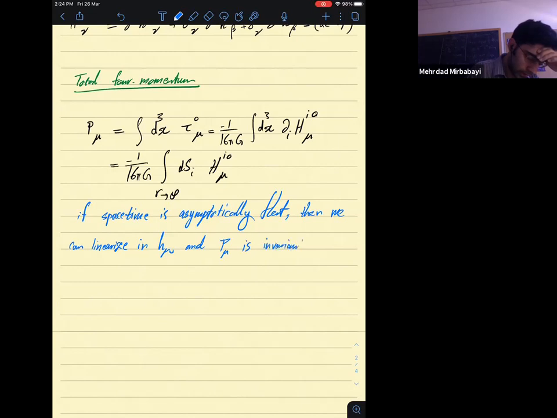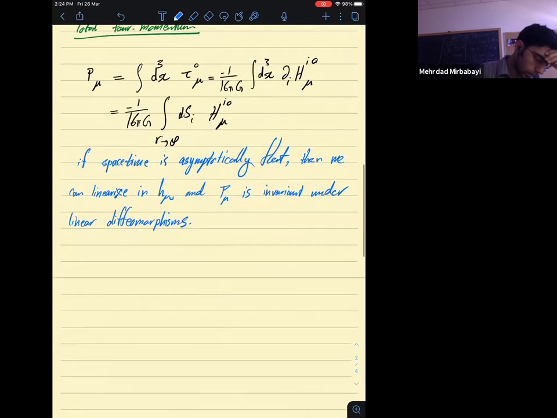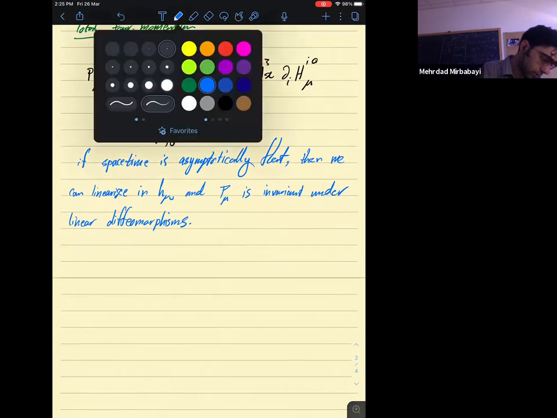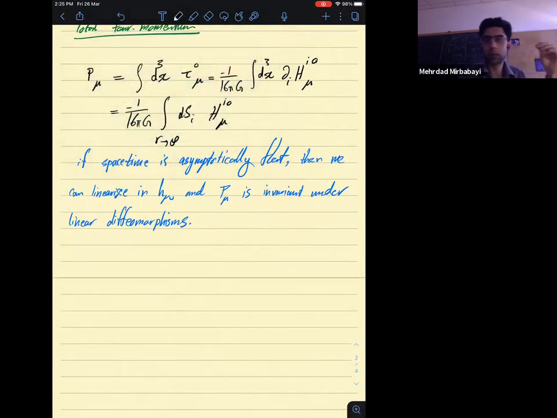invariant under linear diffeomorphism. So remember, linear diffeomorphisms are these. In general, when we transform the metric, we wrote what is the general transformation of the metric.